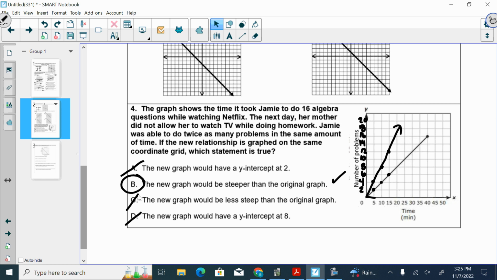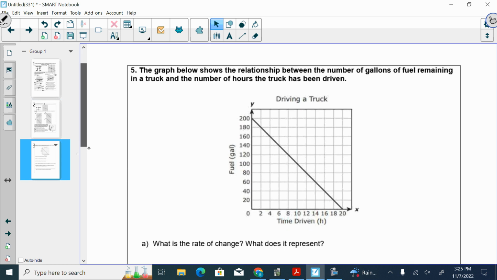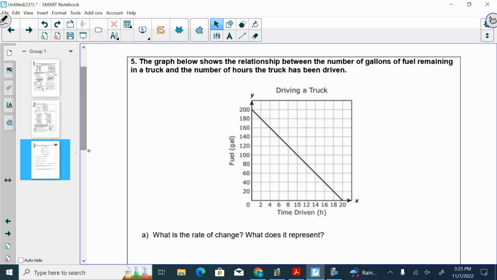Good. All right. The last question, number 5. Flip it over onto that last page. Okay. So, on this picture, it says that the graph below shows the relationship between the number of gallons of fuel remaining in a truck and the number of hours that the truck has been driven.